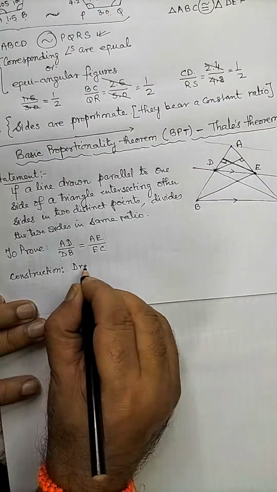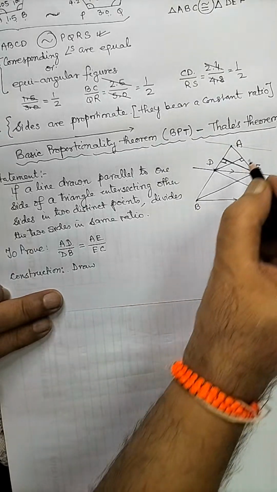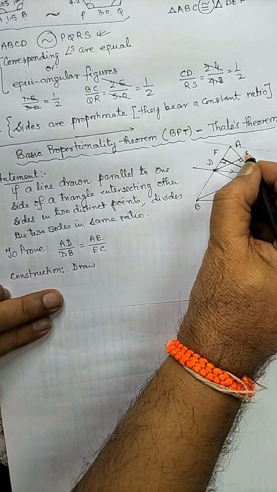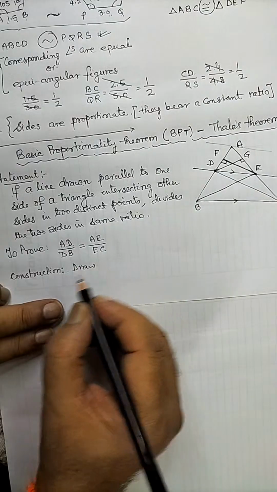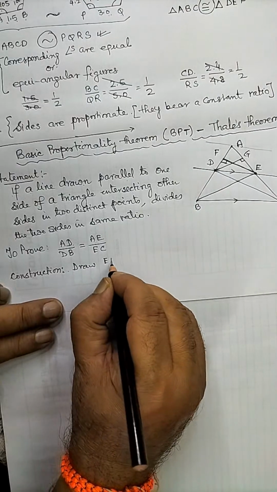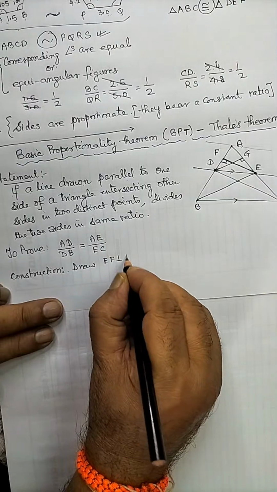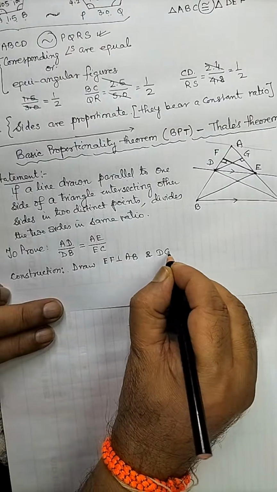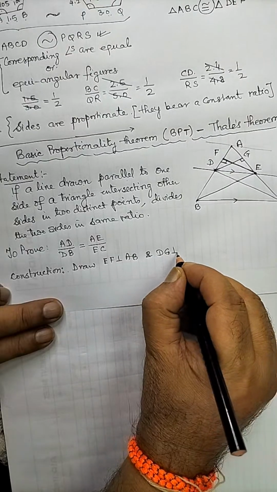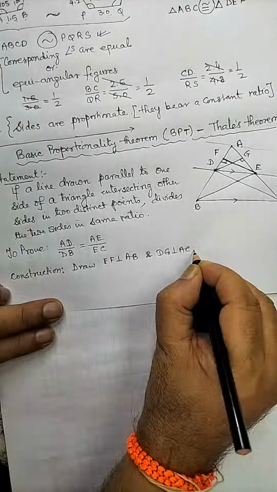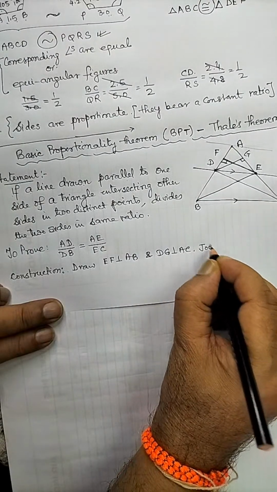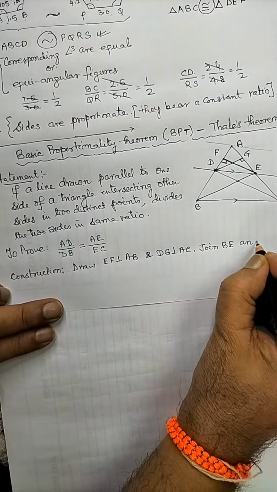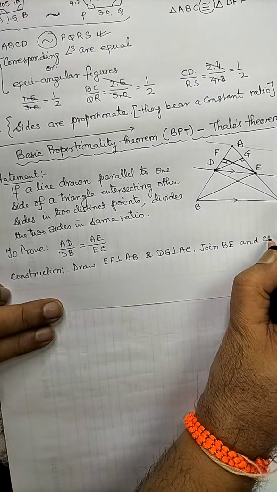So what construction we did? Let me name E, F and G. Draw EF perpendicular to AB and DG perpendicular to AC and join BE and CD.